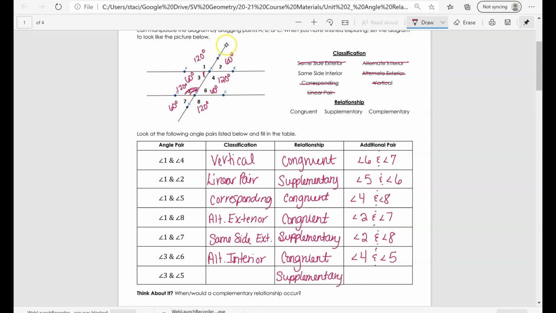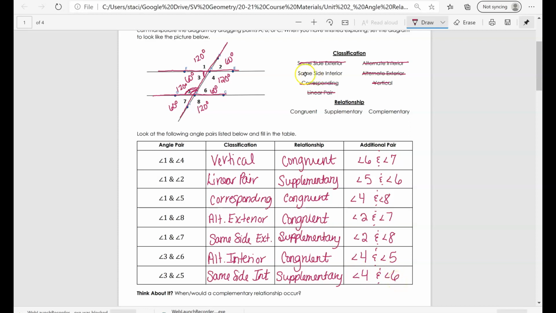If you look at where they are in regards to the transversal, they're on the same side of the transversal, and they're located between the parallel lines. So we would consider these same side interior angles. Another pair of same side interior angles would be angles 4 and angle 6.